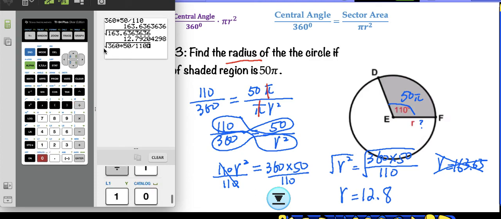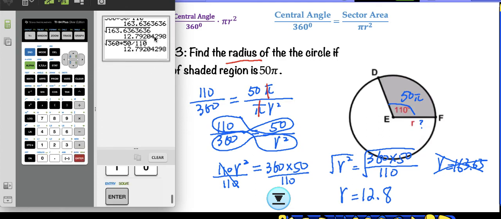Make sure this little square root sign covers everything. We go enter, you will see exactly the same thing. So this is one thing I just want to remind you, this case is a little bit different from arc length because sector area involves r squared. So in order to find r, we need to find the square root for the last one. Okay, so that's our answer.